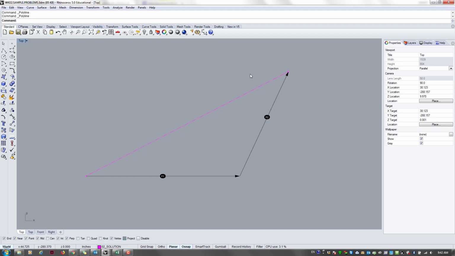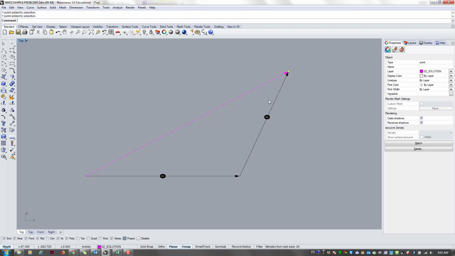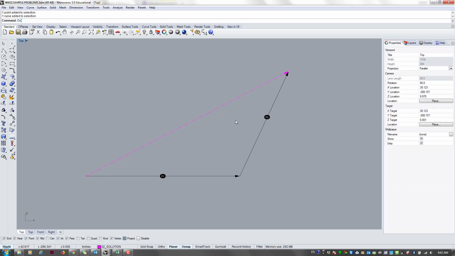You can show the arrowhead by typing arrowhead and clicking at the end. If you by mistake added an arrowhead where you don't want it, you can type arrowhead again and click again. Because it's starting from here, ending there, that's the resultant vector.